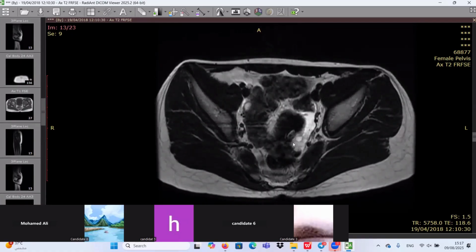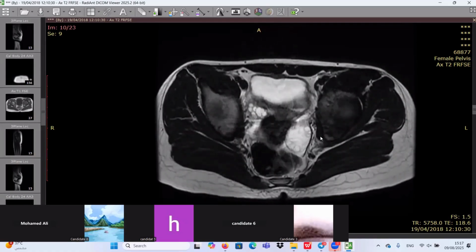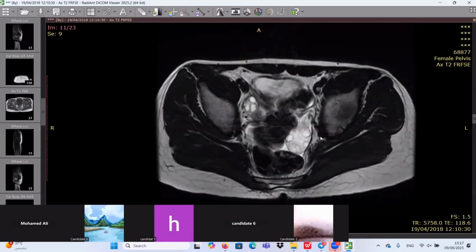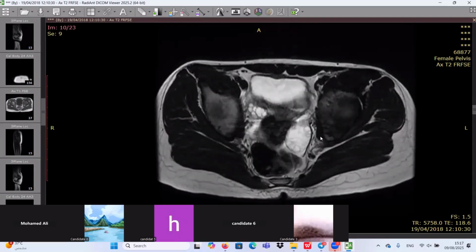I'm trying to look for any free pelvic fluid alongside the left ovary. Also, I can appreciate that there is a twisted or bulky pedicle which is seen adjacent to the medial pole of this kidney.